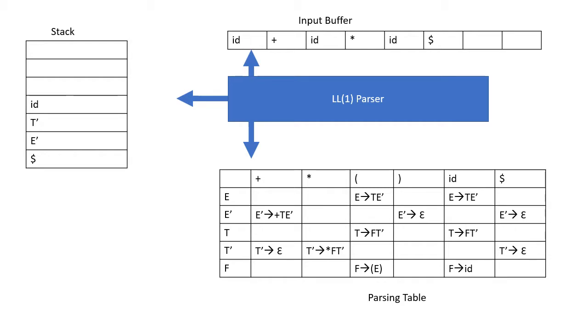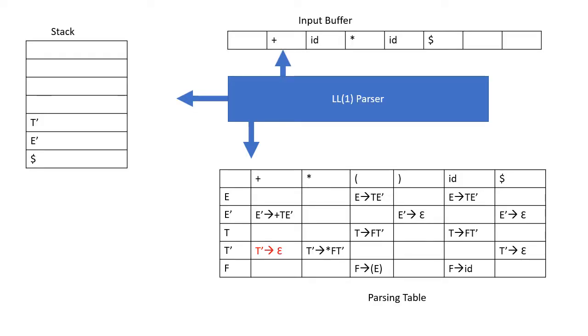Now you can see ID, and the input is ID. So it's a match. Since it is a match, we are going to remove the input symbol from the input buffer and move to the next symbol. And here also we are going to remove ID from the stack. So this is what we have.